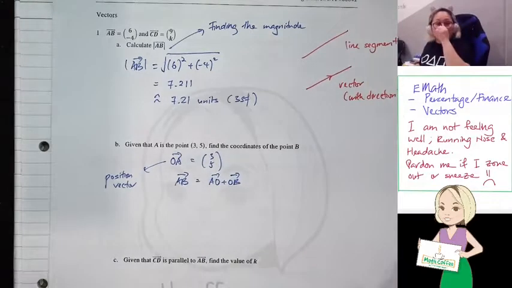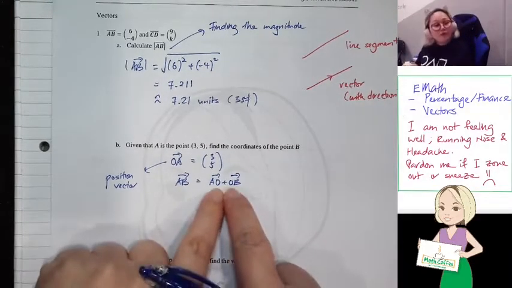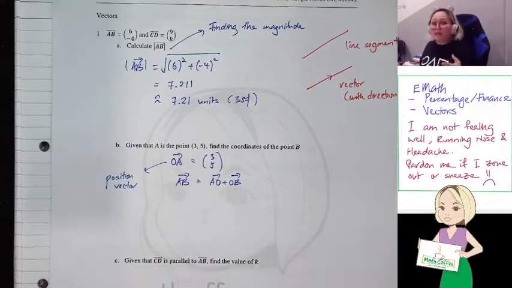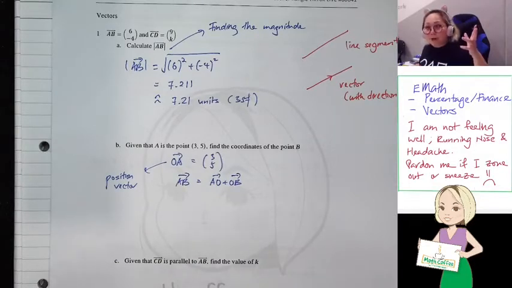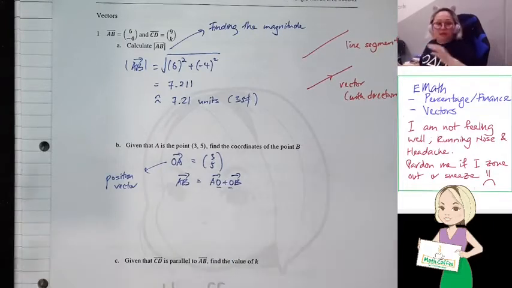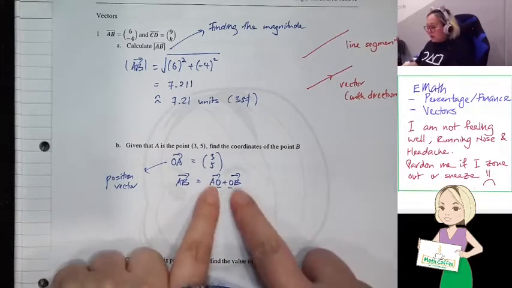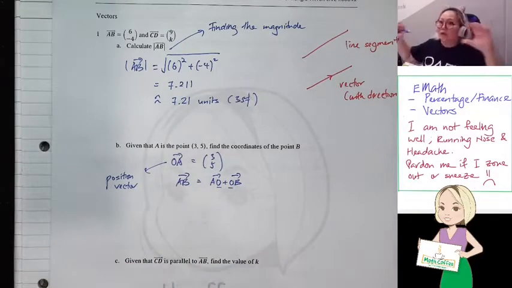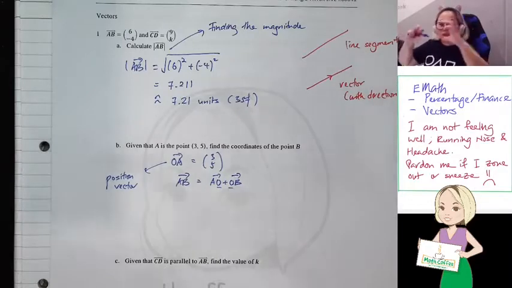It's not necessary for the middle alphabet to be O. The middle alphabet can be anything. I can say it is AC plus CB, I can say AD plus DB. As long as the middle alphabet is the same and the ending is AB, you understand? So this is how you form the equation.